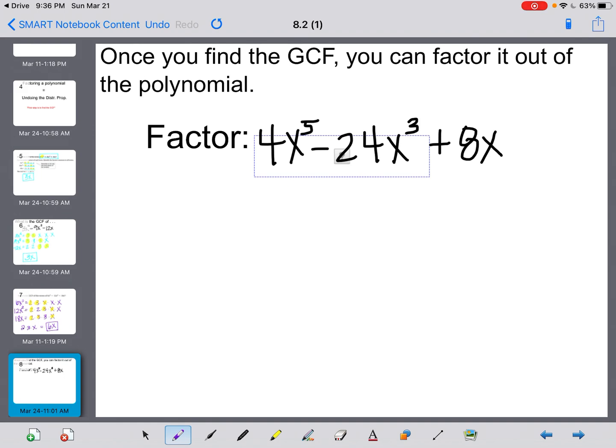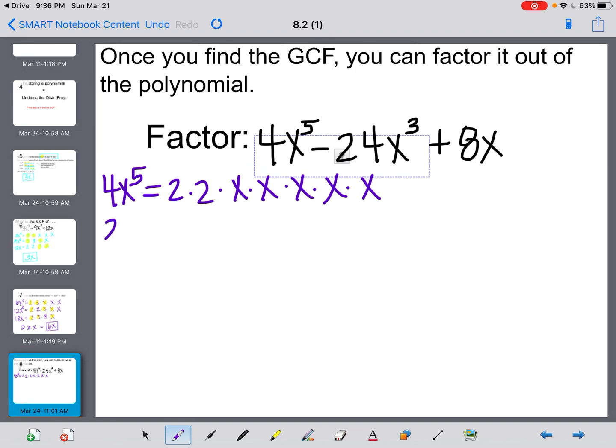Okay, once you find that greatest common factor, you can factor it out of the polynomial. That means actually pull it out, and on the inside of your parentheses will be what you have left once you've taken it out. So the first thing we need to do is actually find the greatest common factor. So if I'm looking for the greatest common factor, I'm going to list what I can. So I have 2 times 2 times 1, 2, 3, 4, 5.